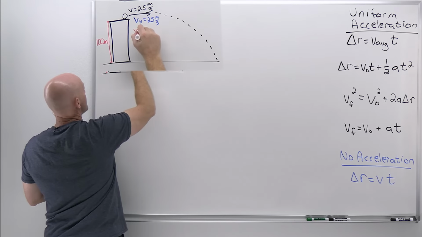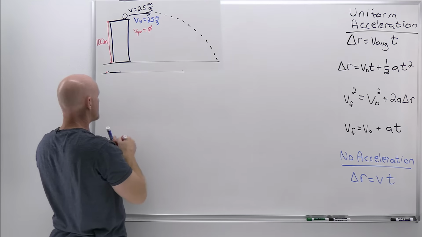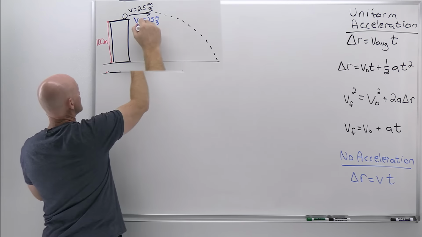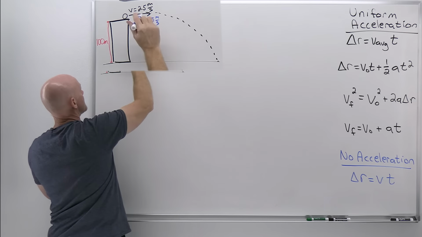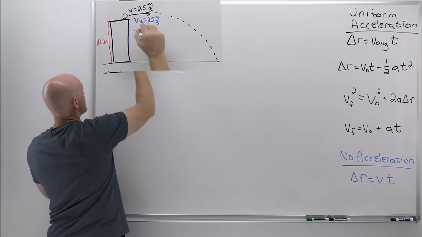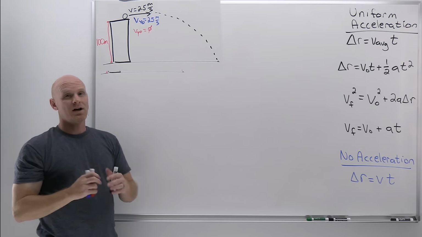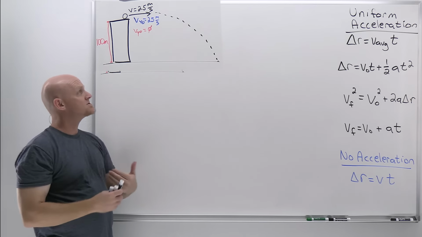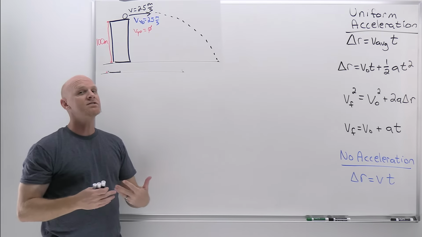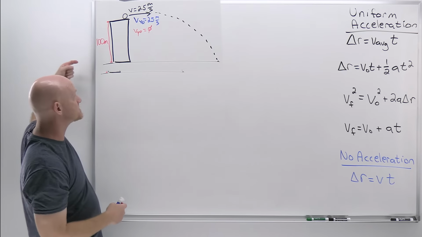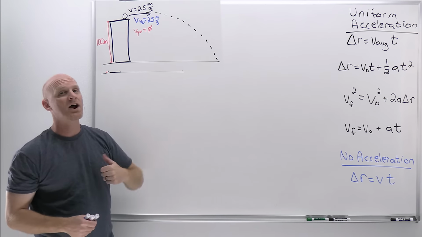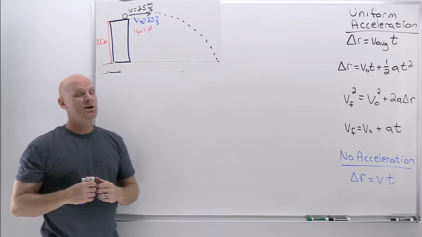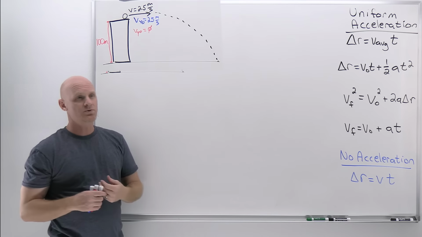So the initial y velocity is 0. And the x component is 25 meters per second, but I don't have to say initial, it's the velocity the entire time. In the x dimension, there's no acceleration, and so the velocity is never going to change. It's going to be 25 meters per second horizontally throughout the entire motion, again, assuming we get to ignore air resistance as we're instructed to do.